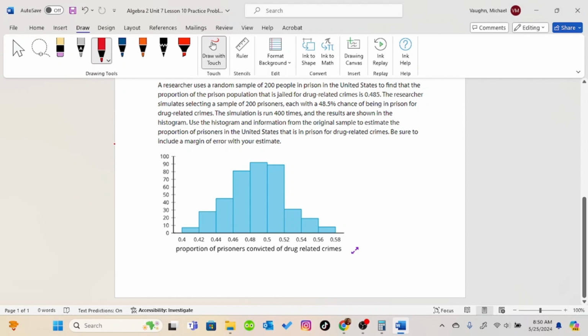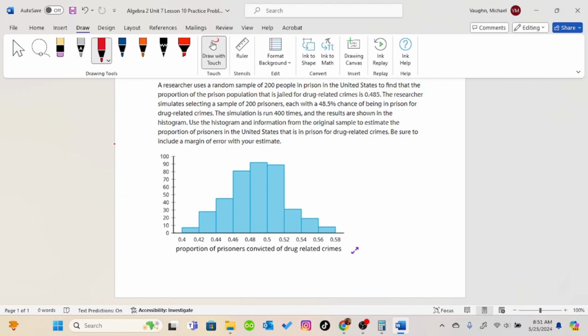Our last practice problem for lesson 10 says a researcher uses a random sample of 200 people in prison in the United States to find that the proportion of the prison population that is jailed for drug-related crimes is 0.485. The researcher simulates selecting a sample of 200 prisoners, each with a 48.5% chance of being in prison for drug-related crimes.